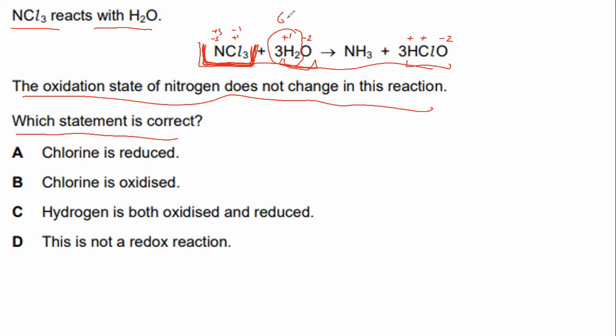We have 6 hydrogens, all of them are +1. And hydrogens here are +1 as well. They remain the same, no change. 3 oxygens here are -2, all of them are -2.